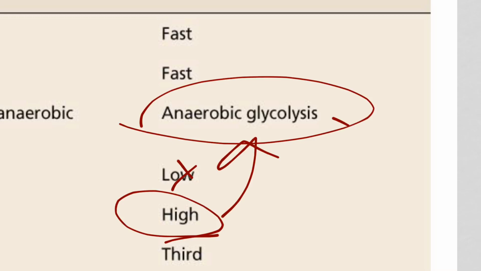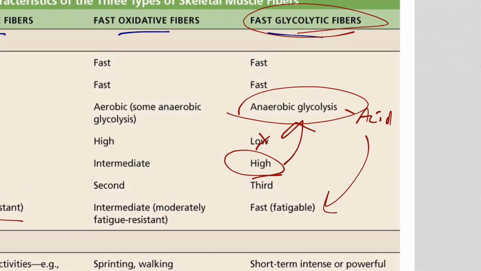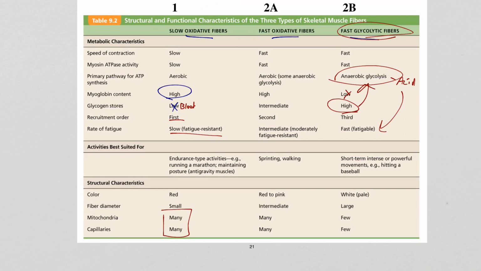Because that anaerobic glycolysis produces so much acid, muscles fatigue quickly, because again, they can't acid burn themselves from the inside out. And they also don't have that same capillary and mitochondrial density that type 1s do, because, well, they're not aerobic anyway. There's no need for oxygen delivering and oxygen consuming capacities, right?